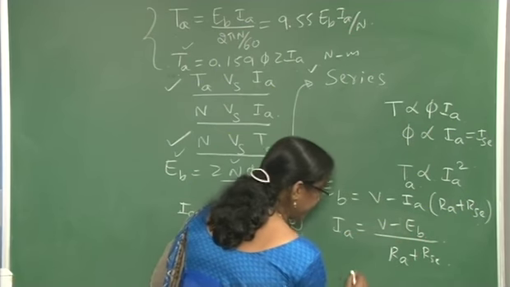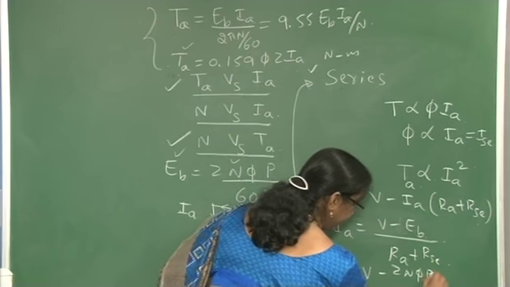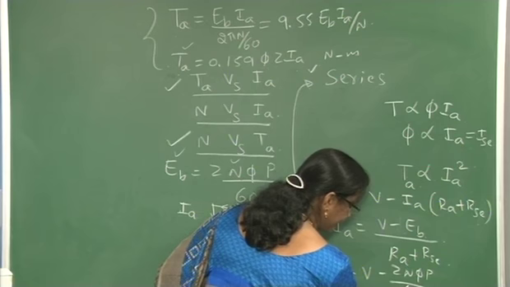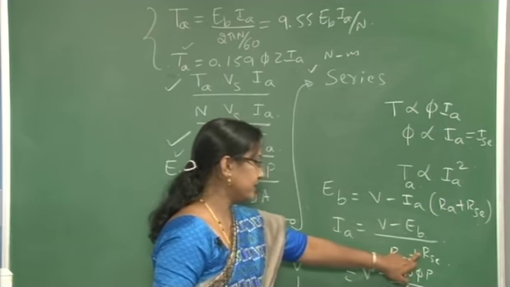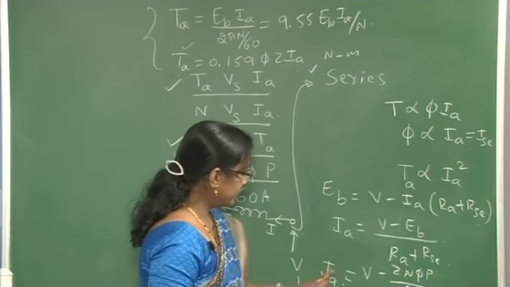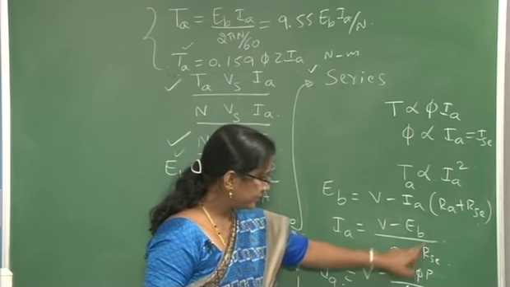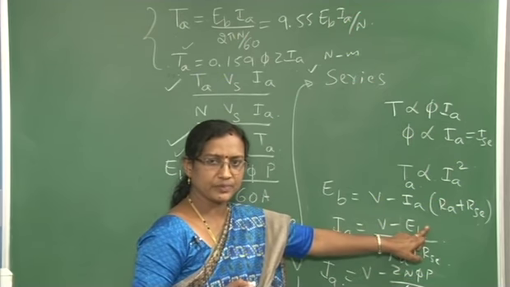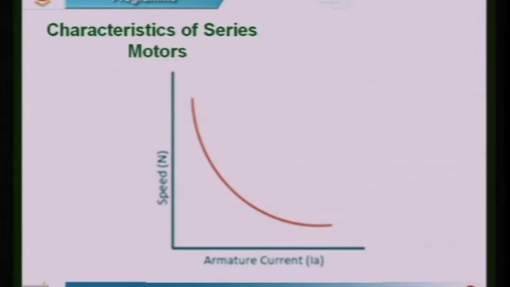And EB is equal to Zn phi P divided by 60A. Now the speed relationship and IA are due to this back EMF EB. So you are going to get the characteristic of N and IA.